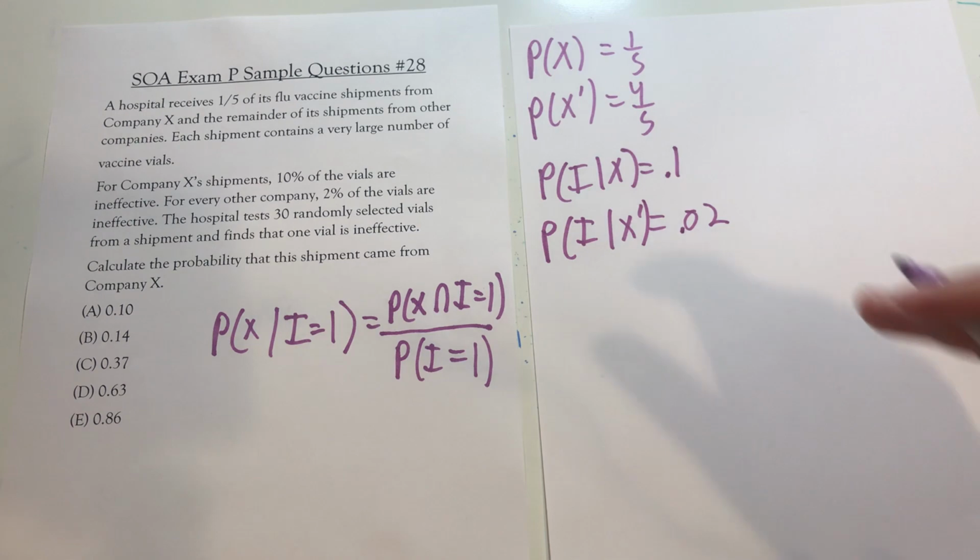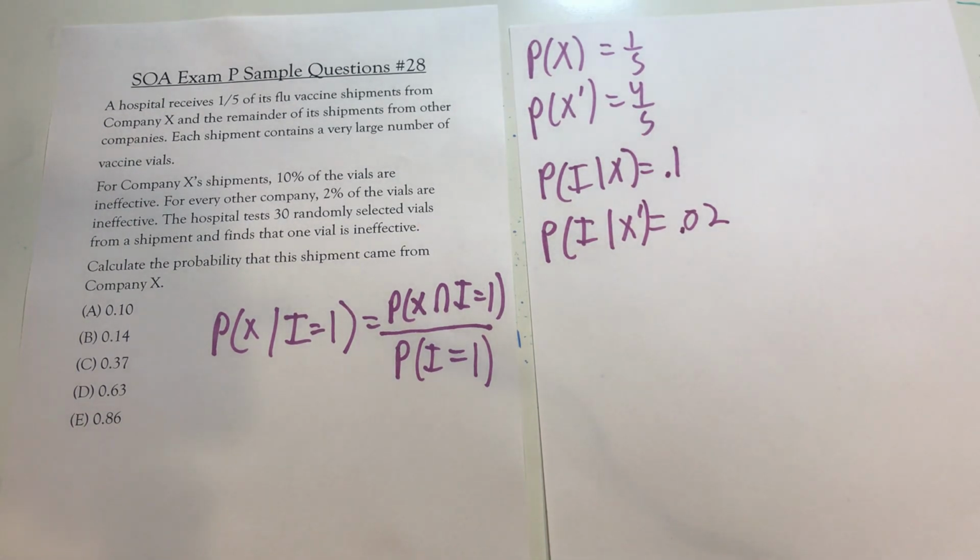Now, here's where the tricky part comes in. We didn't just pick up one random vial. We select 30 of them, and of the 30, one specifically came up ineffective. And that describes a binomial random variable. I don't have enough time in this video to go into all the specifics of it.